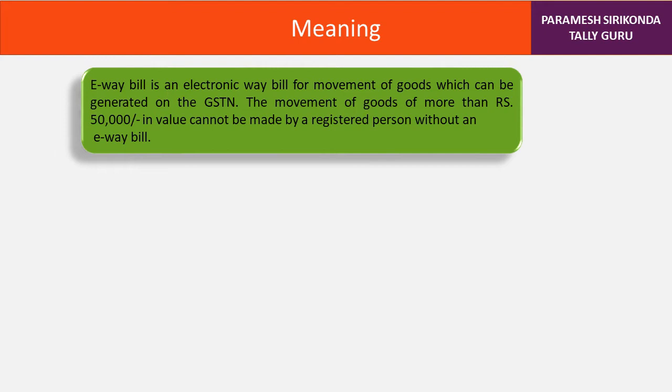GSTN stands for Goods and Service Tax Network. For the movement of goods of more than 50,000, if you are selling goods to someone and the value of goods is 50,000 or more, you have to generate an e-way bill. From where? You have to generate it from GSTN.